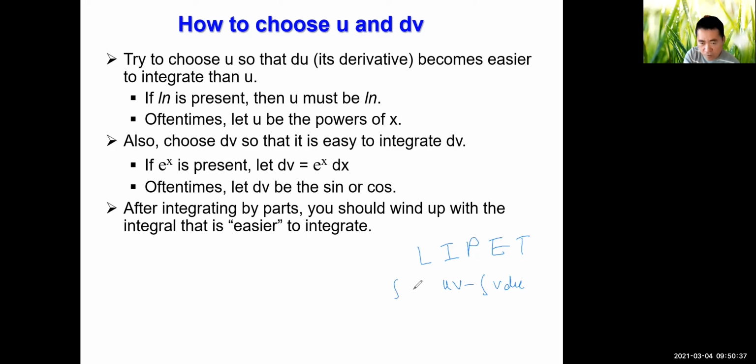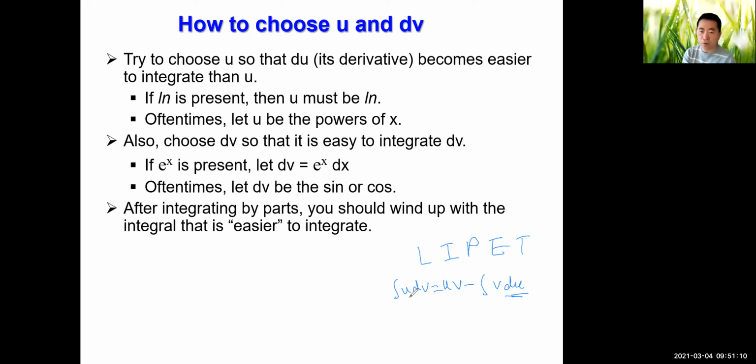When you apply integration by parts, you have a new integral, and this new integral has du. If the derivative is harder to integrate, that defeats the whole method. We want the new integral to be easier to integrate. That's why when the natural log is present, you want U to be the natural log.